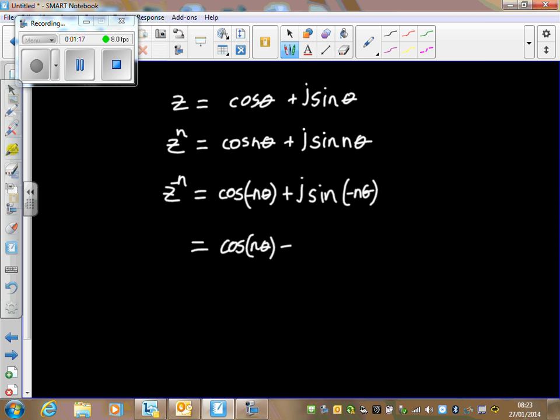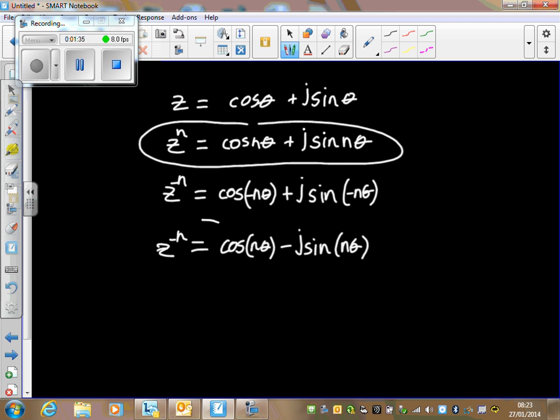And sine of something negative is minus sine of that something, because sine is odd and cos is even. So we've got Z to the minus n is cos n theta minus J sine n theta.